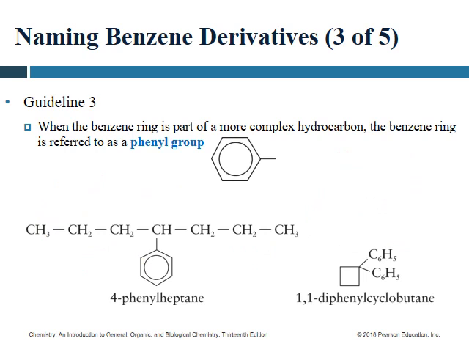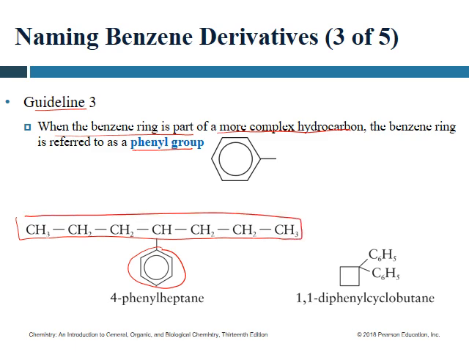So rule number 3 is when the benzene ring is part of a more complex hydrocarbon, the benzene ring is referred to as a phenyl group. What does it mean? If you have a benzene ring but the substituent that you are adding is more complex than the benzene ring. Over here you have 6 carbon, but on the top you have how many? 7.